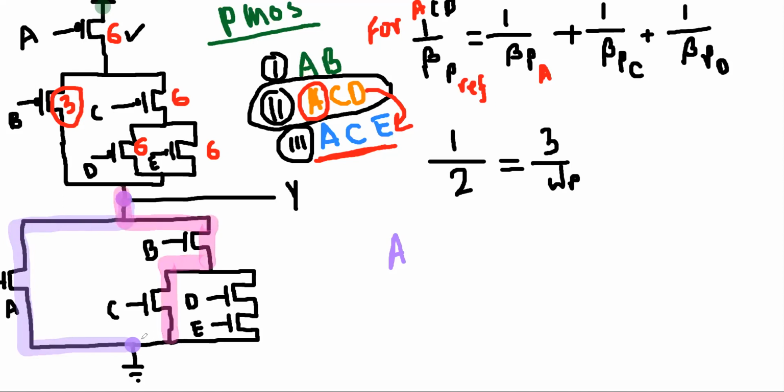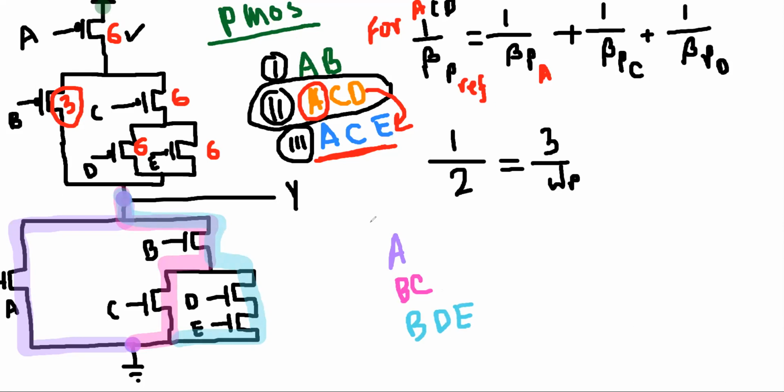I can write BC. Next, BDE. Now I can write BDE.